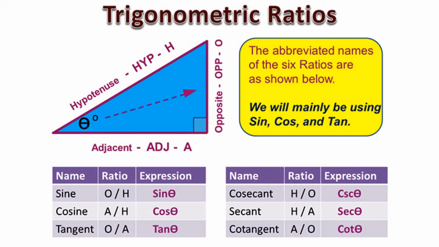Otherwise, in short, they also write csc theta for cosecant. Similarly, secant is the reciprocal of cos theta, otherwise called sec theta. Cotangent is the reciprocal of tan theta, and in short, cotangent is called cot theta.